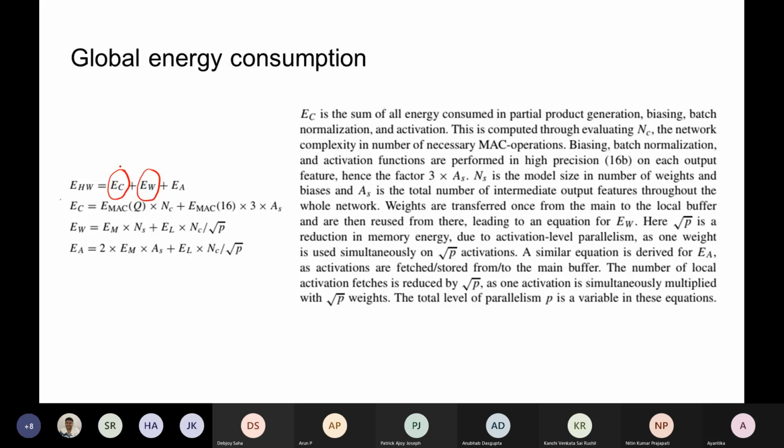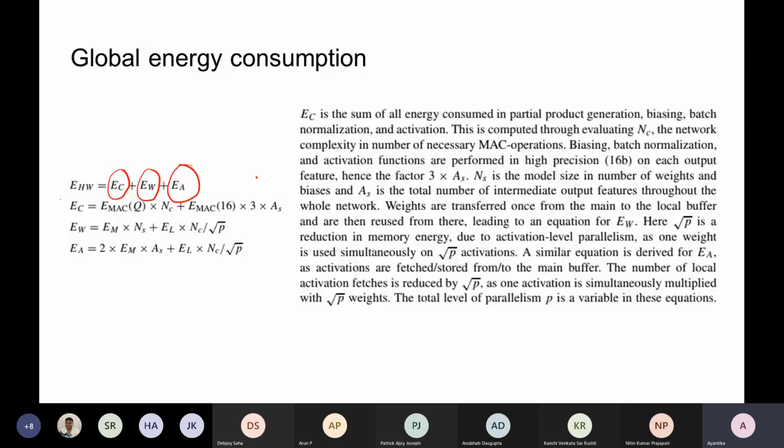And this is for our actual input. For that we are again fetching them and storing them back. Intermediate activation values, the activation outputs, incur some energy; that is also contributing.